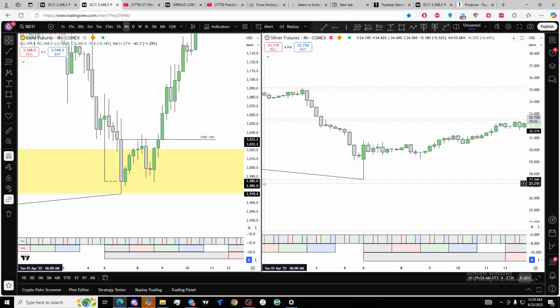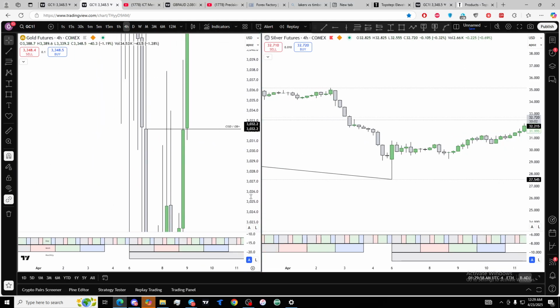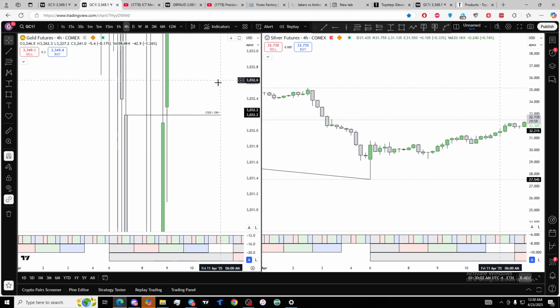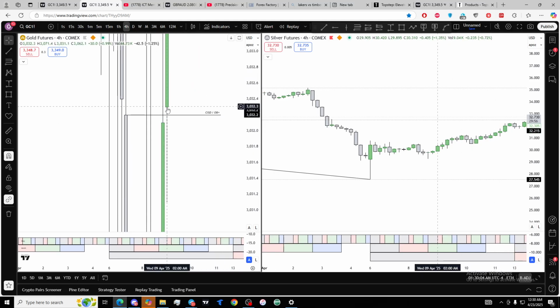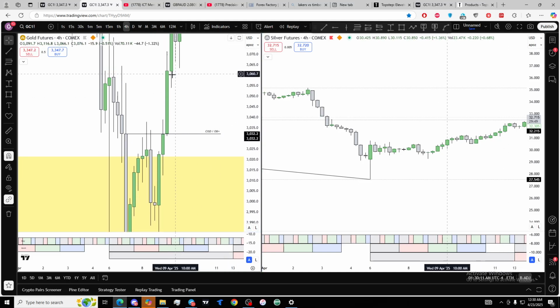So we got the change in state. The only thing about this, as you zoom in, it created a volume imbalance. It did close above, indeed, but it gapped. And when this 4 hour candle closed, it closed above here.